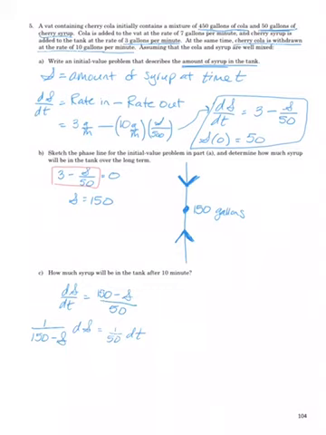And then I'm going to integrate both sides. All right, so the integral of 1 over 150 minus S is going to be the ln of 150 minus S, but then because of the chain rule, if I were taking the derivative of the ln of 150 minus S, it would be 1 over 150 minus S times -1, so I need to put a negative out there to counteract that.